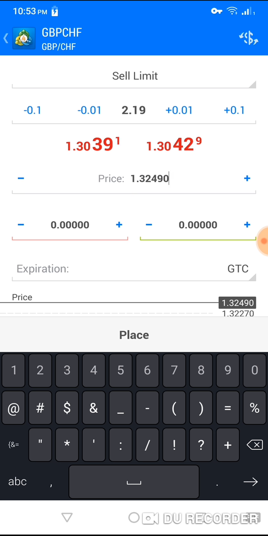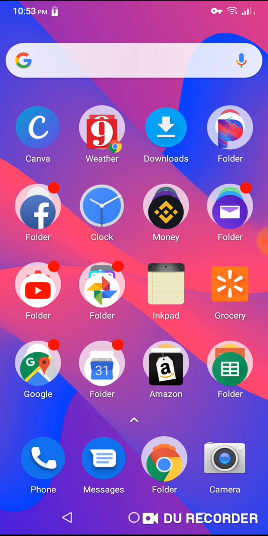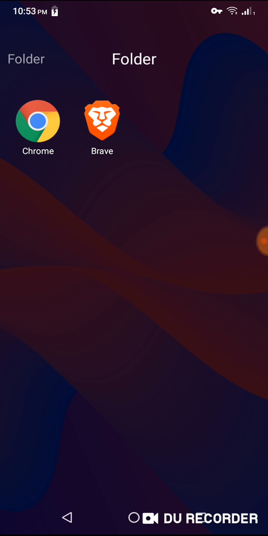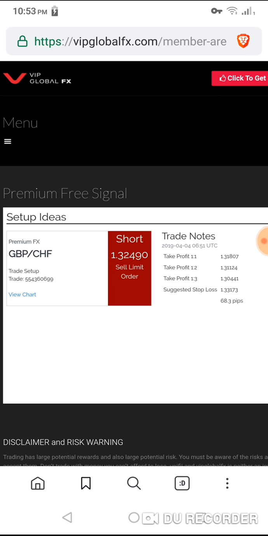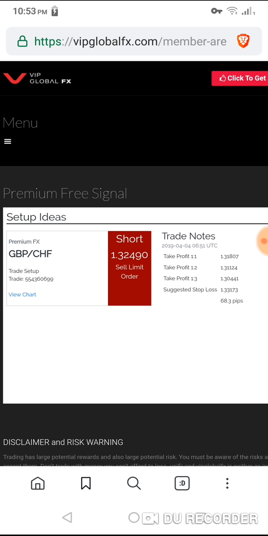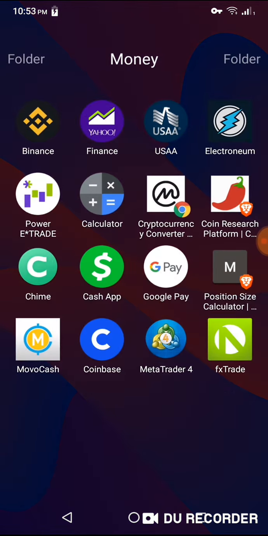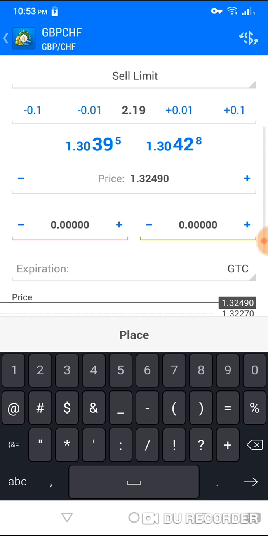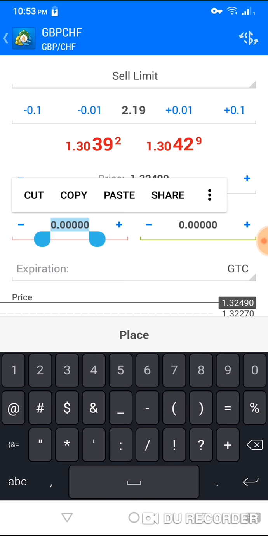This line over to the left, that red line, is going to be our stop loss price. So we're going to go back to our trade setup page. And where it says suggested stop loss, we're going to hover over that and copy that. Go back to our MetaTrader 4 and paste that in.